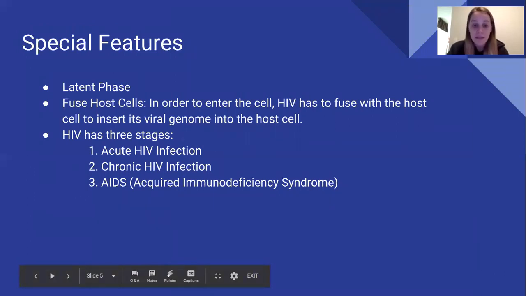The second is the latent phase, which we'll talk about in the next section. And lastly, HIV has 3 stages of progression: acute HIV infection, chronic HIV infection, and AIDS, which also will be discussed later on in the presentation.